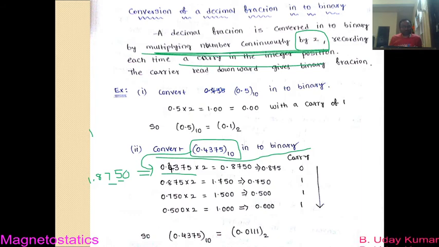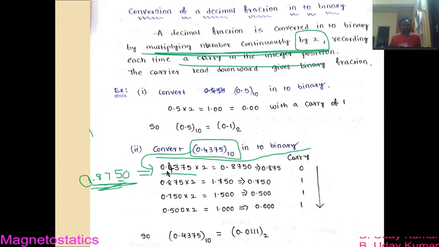There is something wrong here. Sorry, I have written it wrongly. Actually, it is not 1.8750, this is 0.8750. So 2 fours are 8.